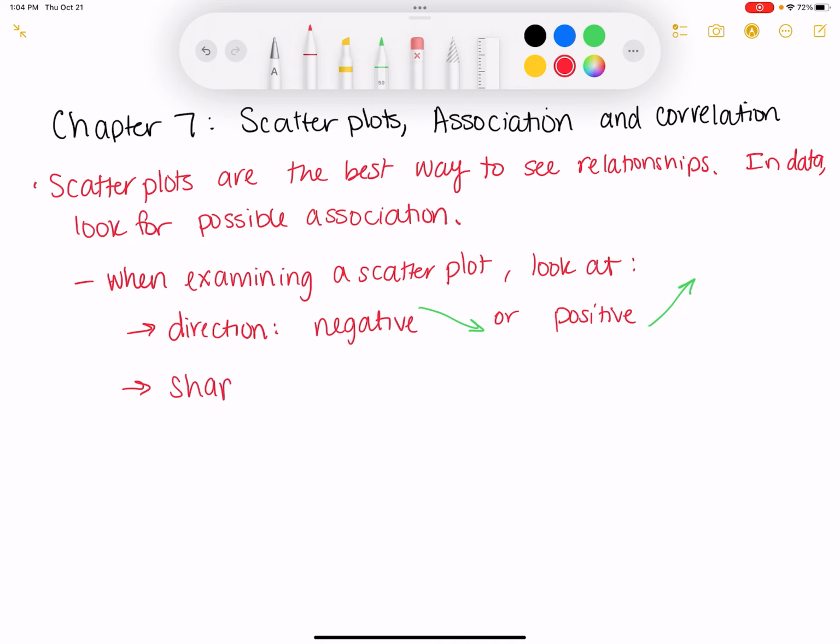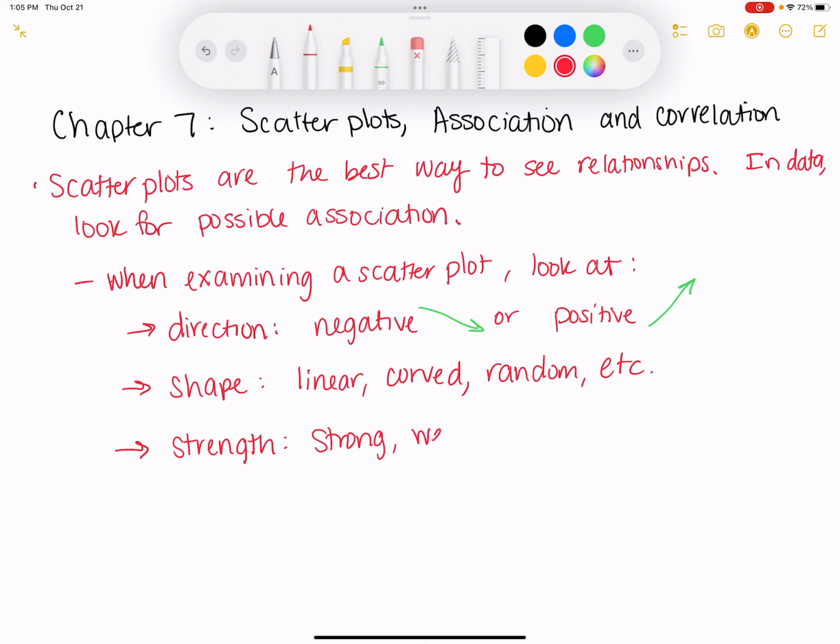Look at shape. It's linear, curved, random, etc. And look at strength. If it's strong, weak, moderate, and mention outliers.